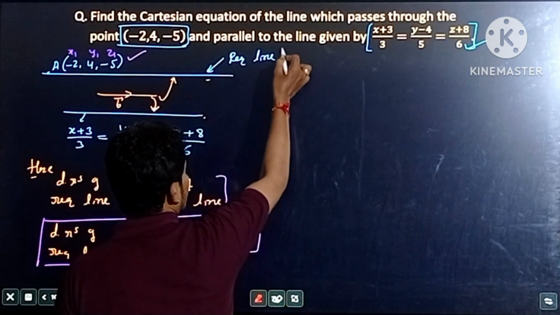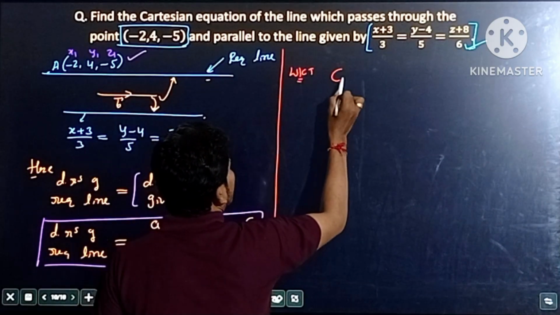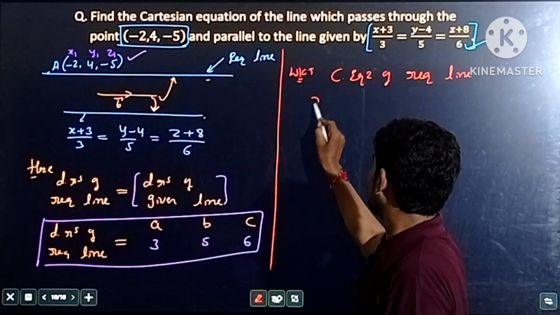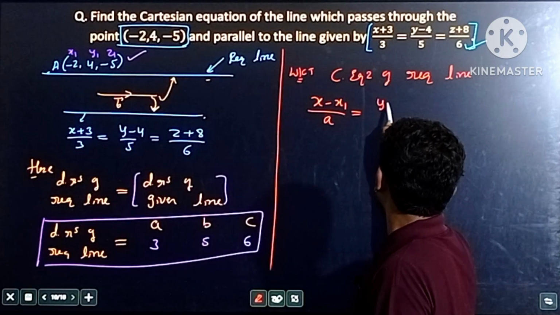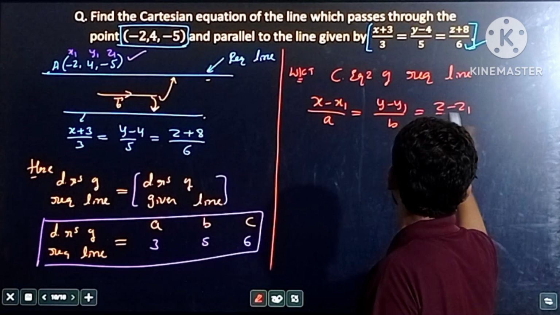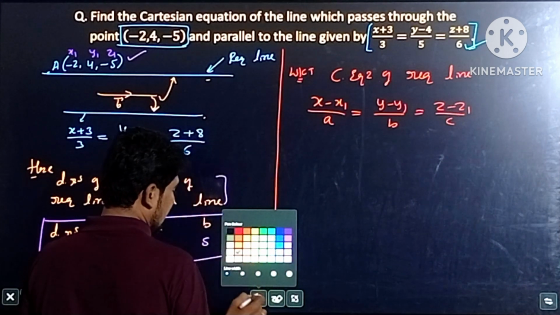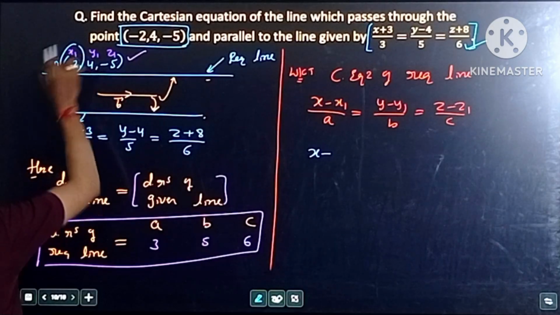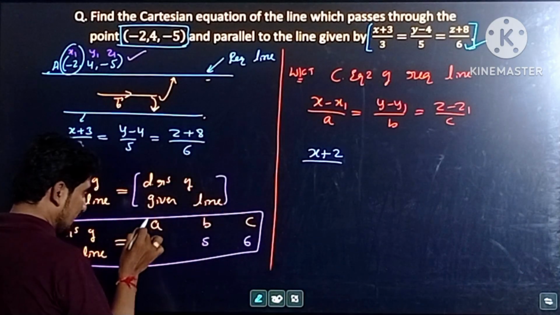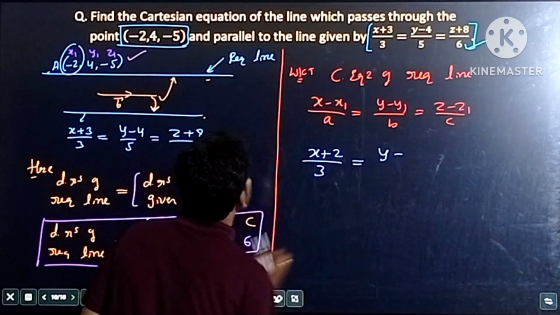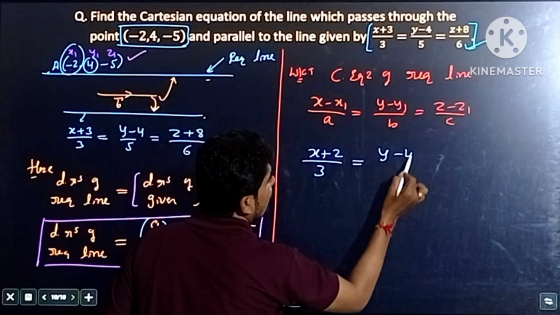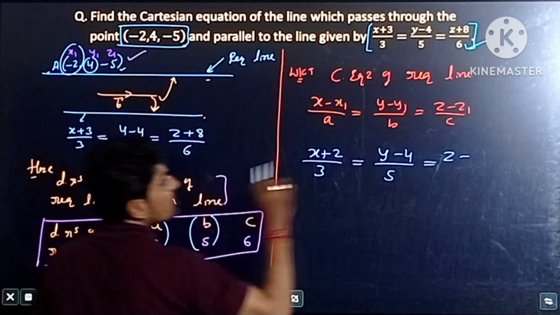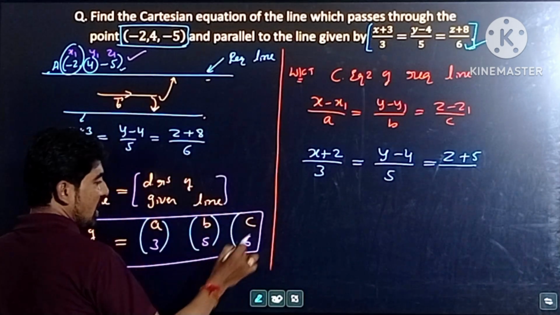We know that the Cartesian equation of the required line is (x minus x1) by a equal to (y minus y1) by b equal to (z minus z1) by c, where the value of x1 is -2, so minus into minus plus 2, divided by a, which is 3, equal to y minus y1, where y1 is 4, divided by b, which is 5, equal to z minus z1, where z1 is -5, so minus into minus plus 5, divided by c, which is 6.